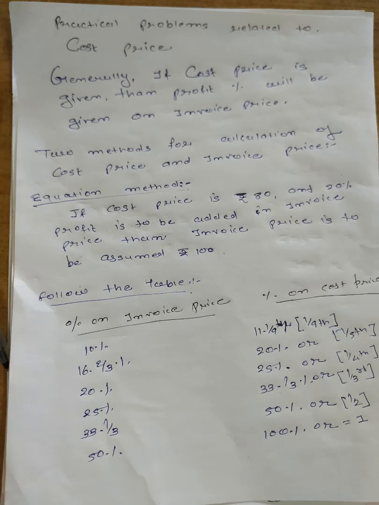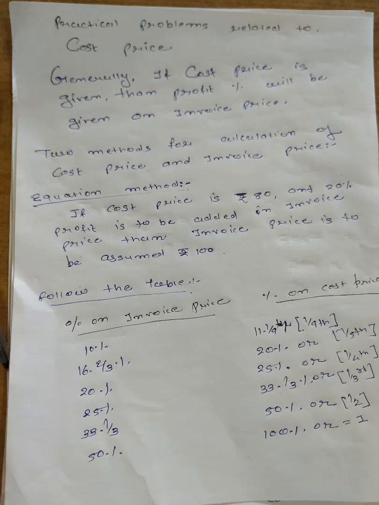One method is a very traditional method. In that method, you assume rupees 100 for the price which is not given. If invoice price is not given, then you assume invoice price is equal to 100. And if cost price is not given, then you assume cost price is equal to rupees 100.